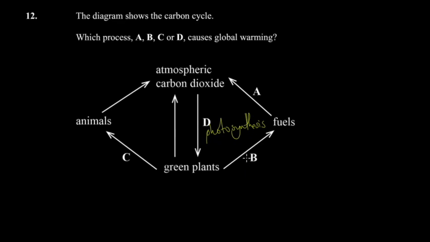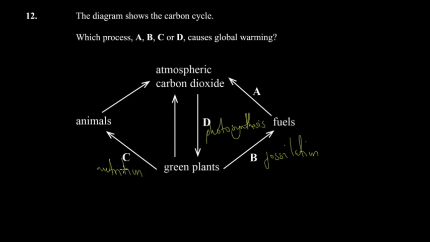These green plants decay, and after some time they become fuel. I think it's fossilization, but you'd have to look it up for yourself and make sure that it's right. So this one is just nutrition.